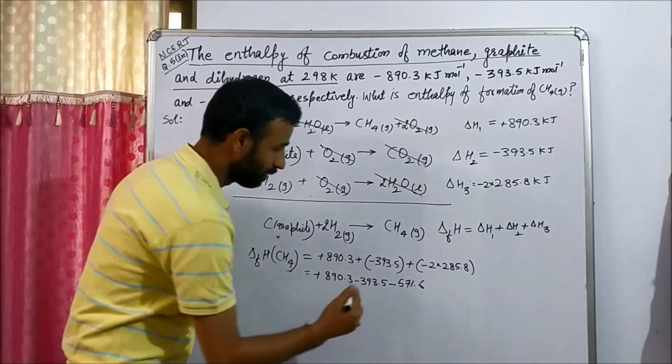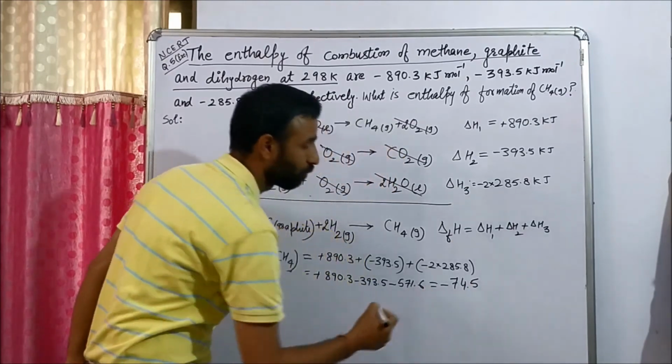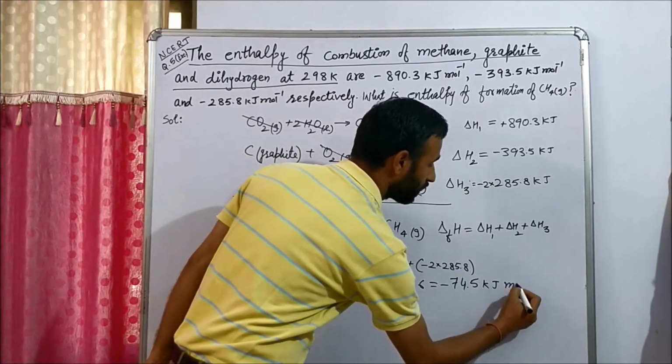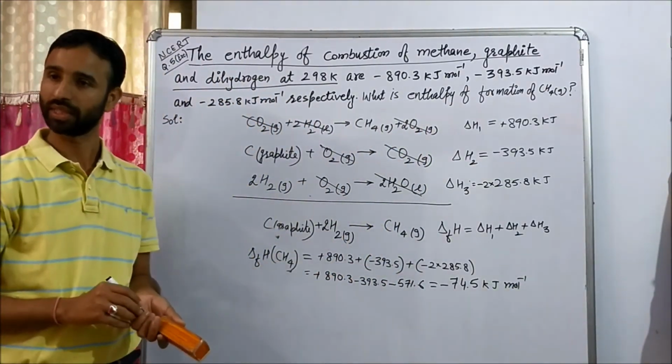So 890.3, minus 393.5, minus 571.6. If we solve it, it comes out to be minus 74.8 kilojoule. Now we write it kilojoule per mole because it is for 1 mole of methane.